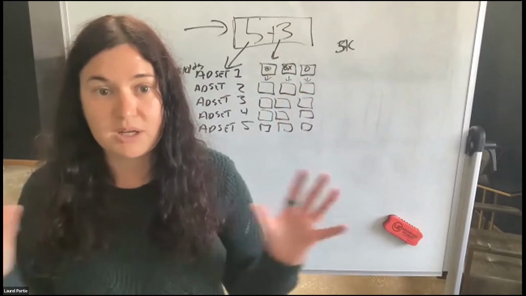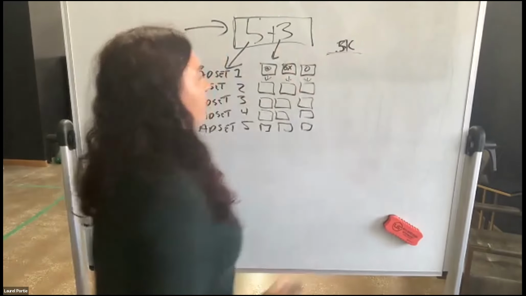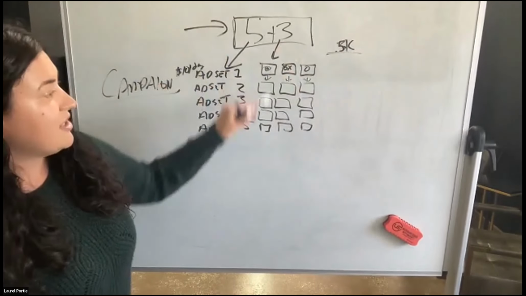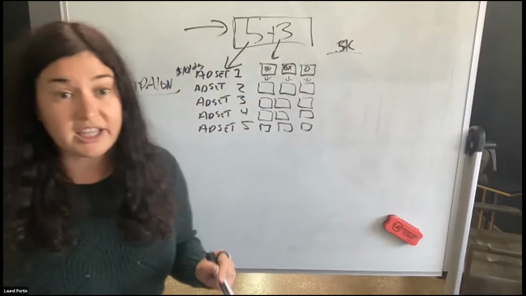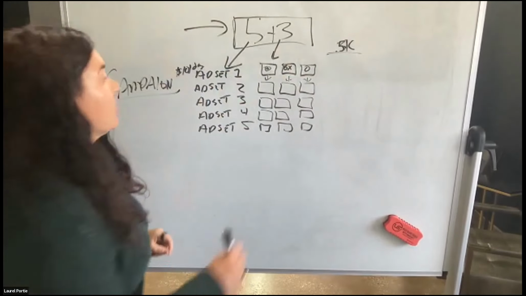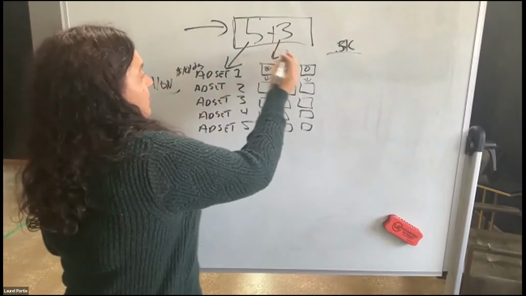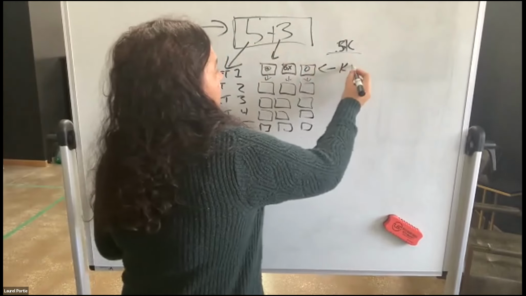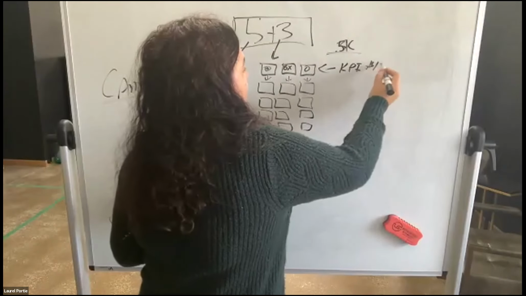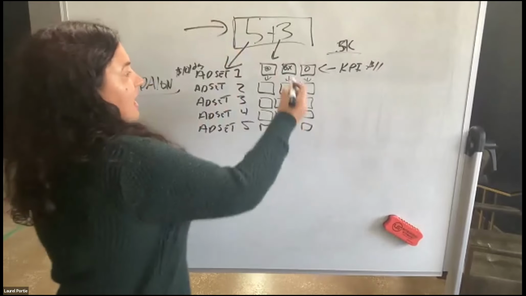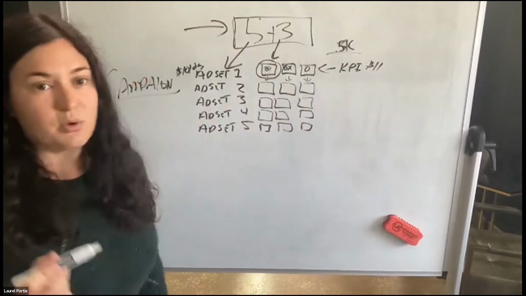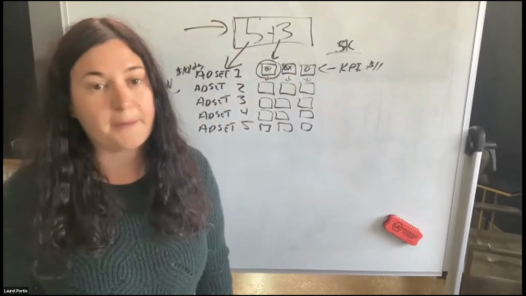Now, one of the things you're going to start to see is that some of these are going to start generating leads. So let's say ad set number 1 is generating leads at KPI. Let's say he's paying $11 a lead, and number 1 is the one that's performing.